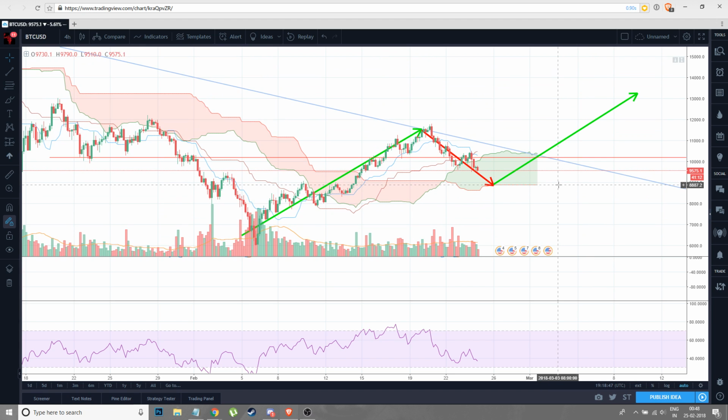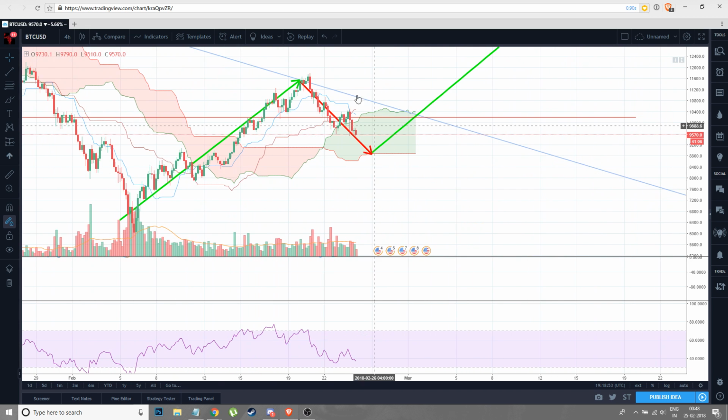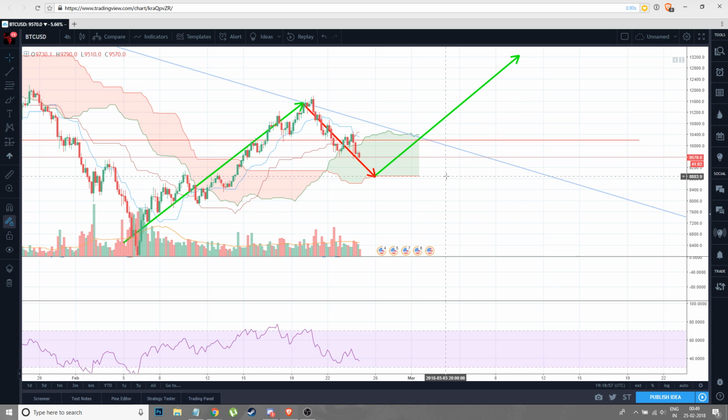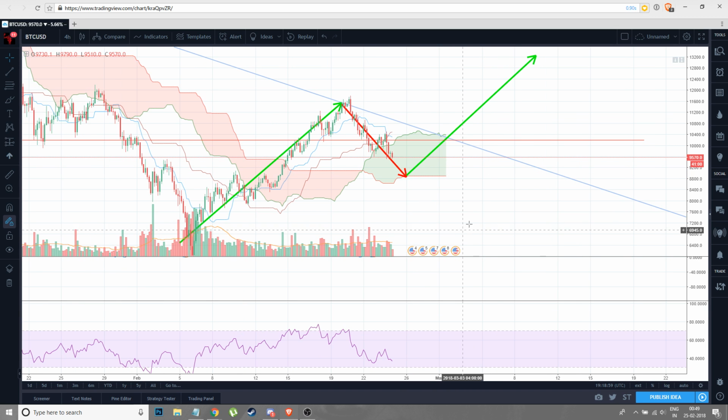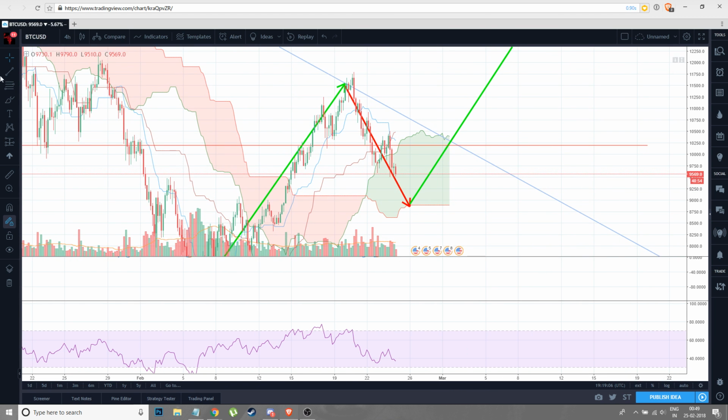So this area is a potential support region, but usually what happens is once an end-to-end starts, it's supposed to go right through the cloud, which confuses me. So will this area act as a support, or will it go right through the cloud? We'll see. I don't intend to start a long position here. I intend to start a long position once 10,000 is cleared again.